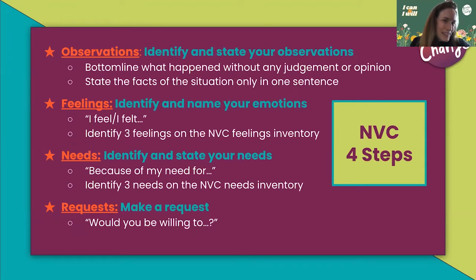So would you be willing to buy me roses every single week for the rest of my life, right? Or would you be willing to acknowledge that you love me forever and ever? Or would you be willing to acknowledge how awesome you are as a partner, right?" Maybe I turn it towards him, and the request is for him to appreciate how he's the best. So you can use this structure for all types of communication.